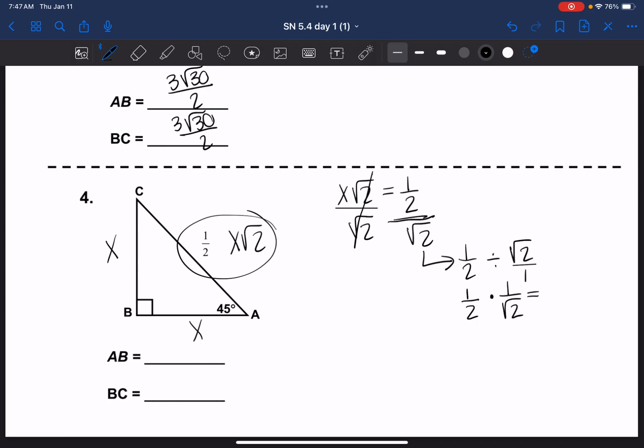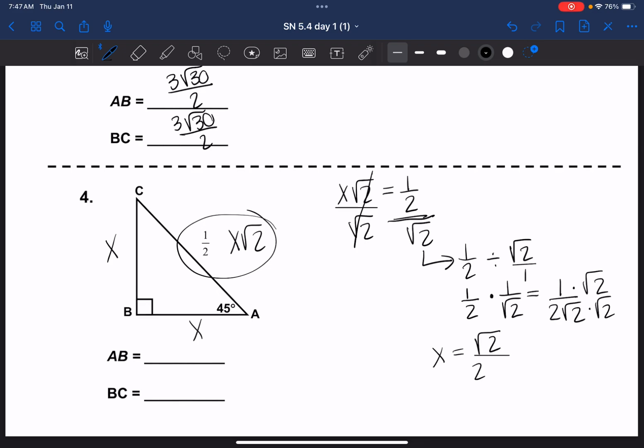So now I just multiply the two fractions. In the numerators, we have 1 times 1. In the denominator, we have 2 times square root of 2. Again, we need to rationalize that denominator. So we are going to end up with x is equal to, in the numerator, 1 times the square root of 2, or just the square root of 2, over 2 square root of 2 times square root of 2.